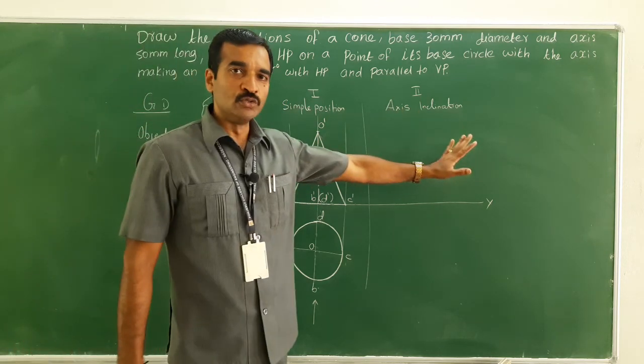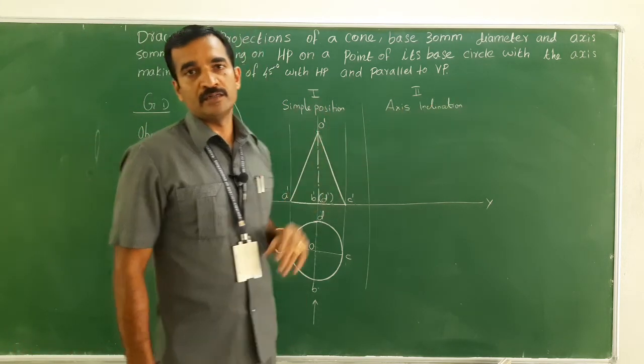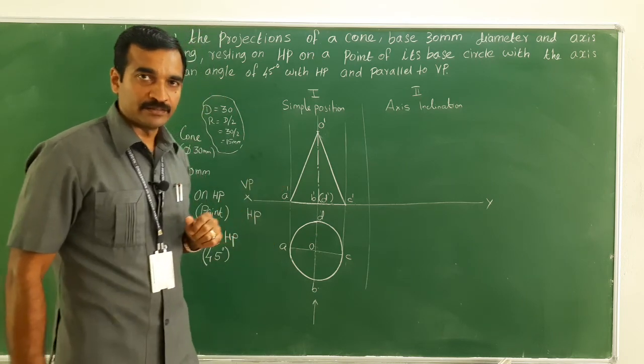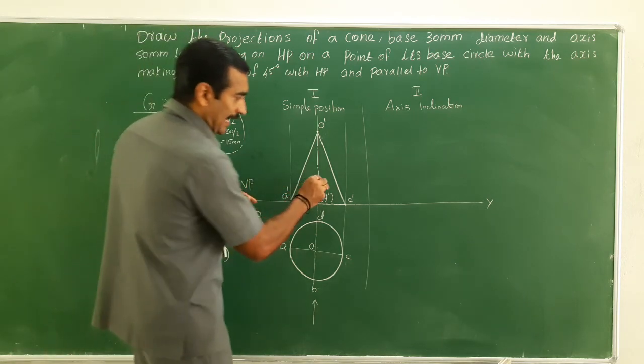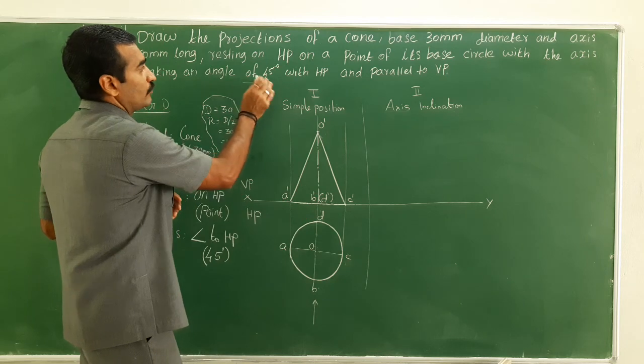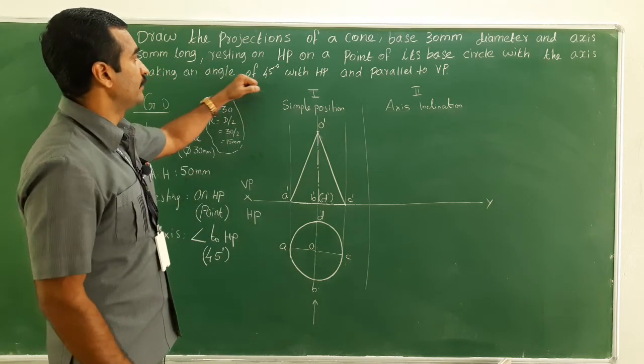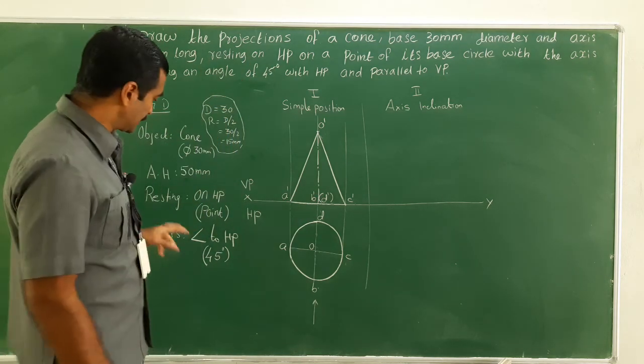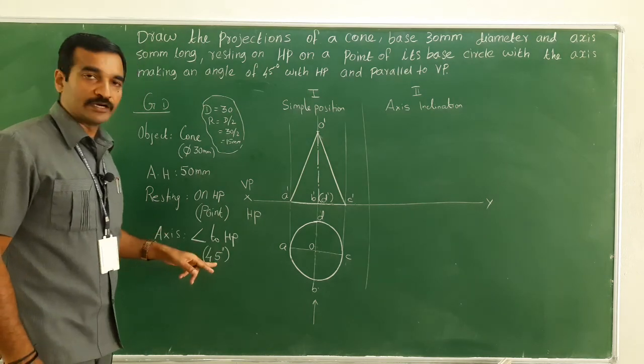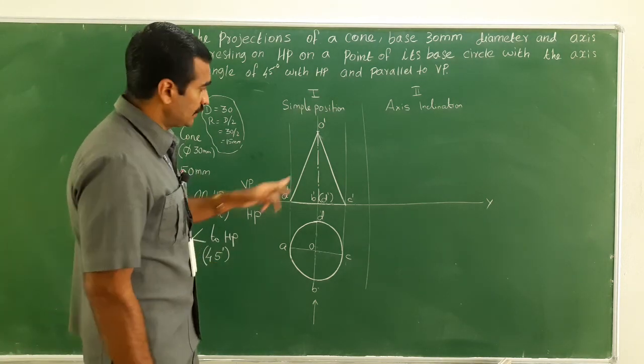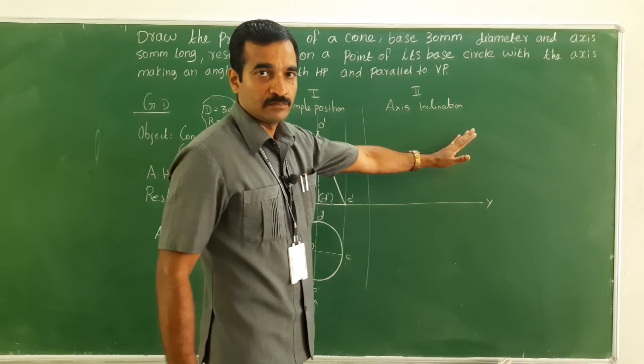Stage 2 belongs to the axis inclination, isn't it? This axis needs to be tilted by 45 degrees, right? The axis is inclined to the HP at 45 degrees. This axis needs to be tilted here, right?